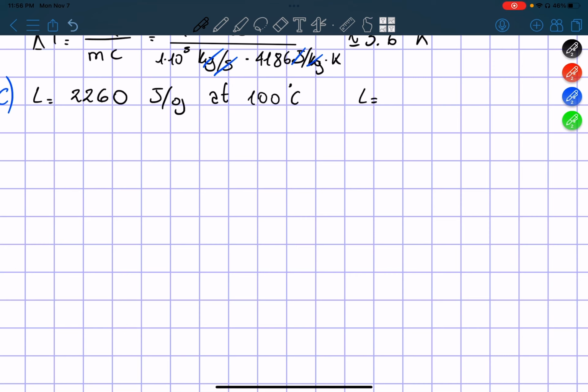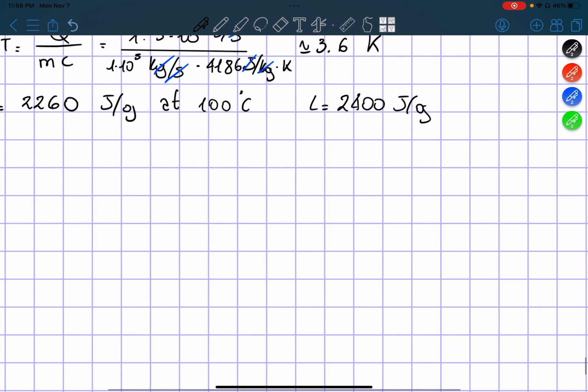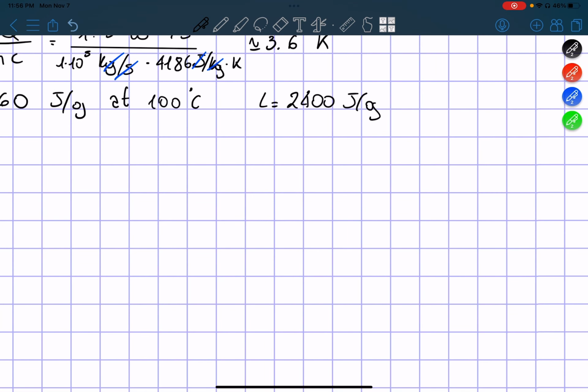So our latent heat will be 2,400 joules per gram. You can find this in previous problems, actually in figure 5.11, that's what I'm looking at. So we're going to take this value right here.